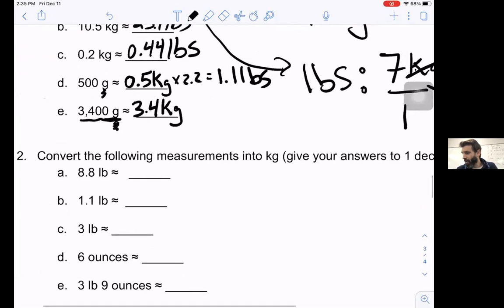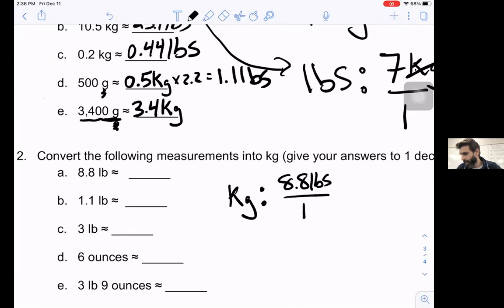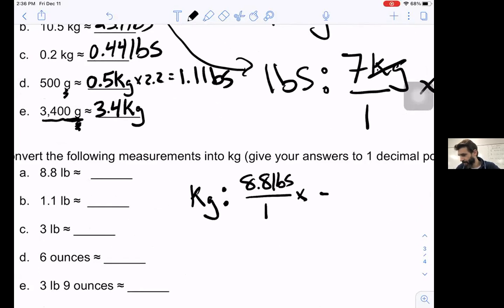Okay, so now we need to convert the following measures from pounds into kilograms. So here we're looking for kilograms. Okay, we're given 8.8 pounds divided by 1 times my conversion factor, which I want to put pounds at the bottom, kilograms here. 1 kilogram is 2.2 pounds.